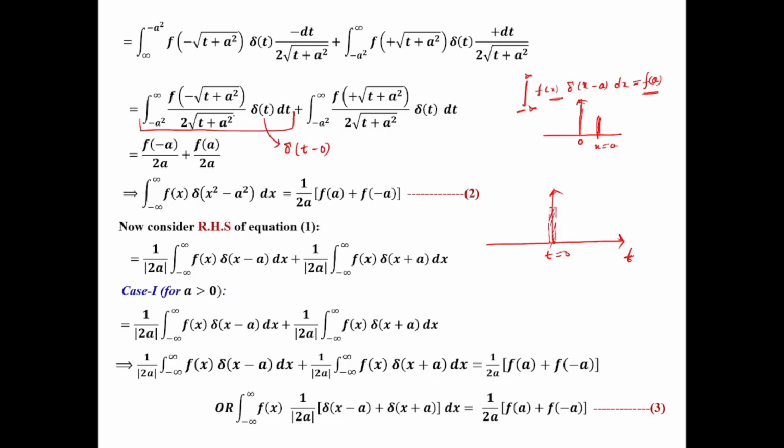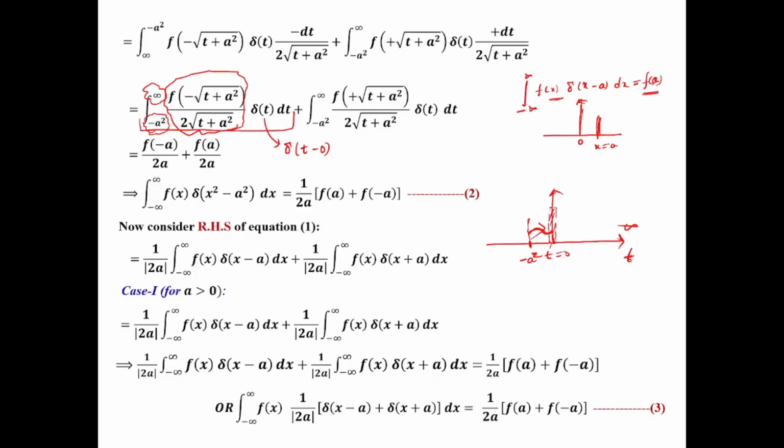And the function here, the so-called f of t, the whole function, exists in between minus a square to infinite, this is most important. Minus a square means somewhere here, suppose this is the minus a square value, and the upper limit is infinite. That means the function will interact with this delta function in this range. There is no other way, it will interact and give the value.